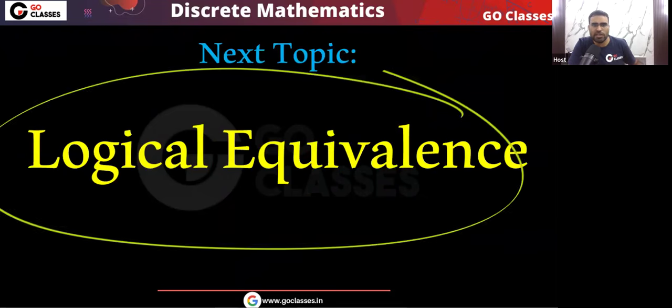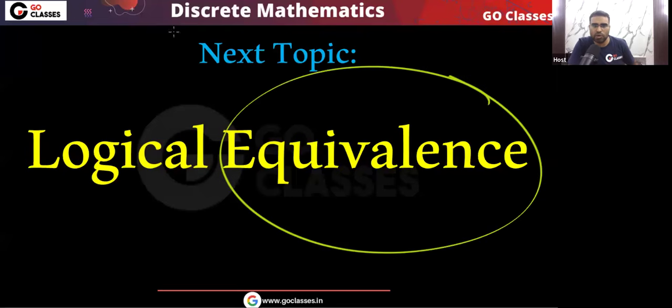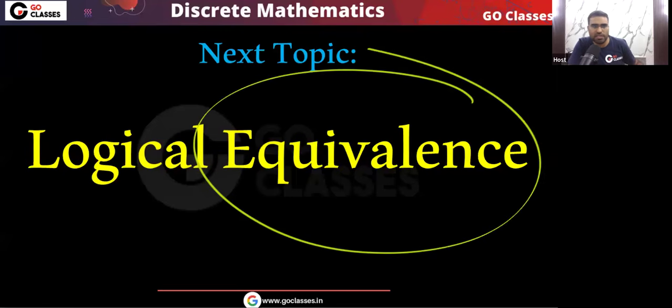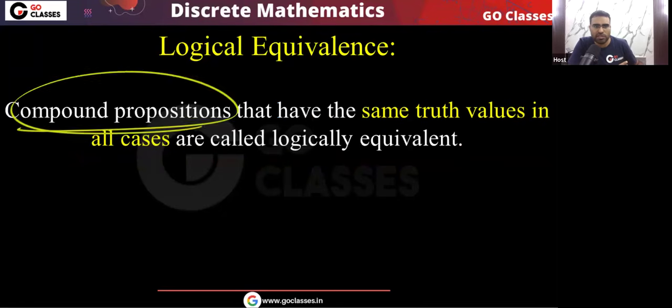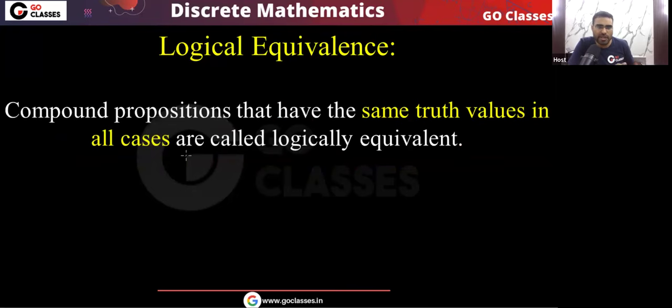Now let's see logical equivalence. This is the next topic. What does logical equivalence mean? This is the definition of logical equivalence. If I give you two compound propositions, two logical expressions, two propositional formulas, then when can I say they are equivalent?